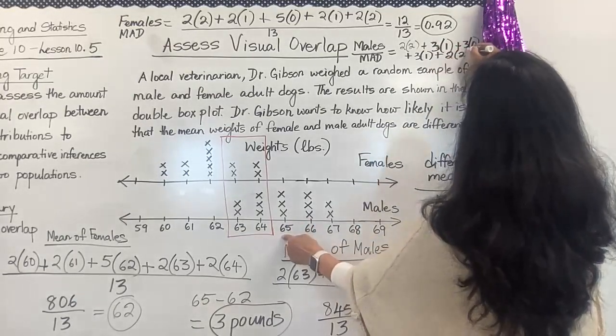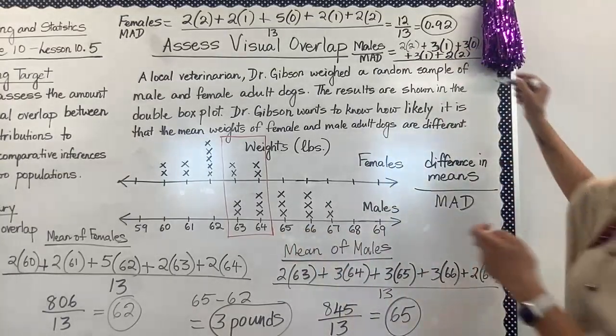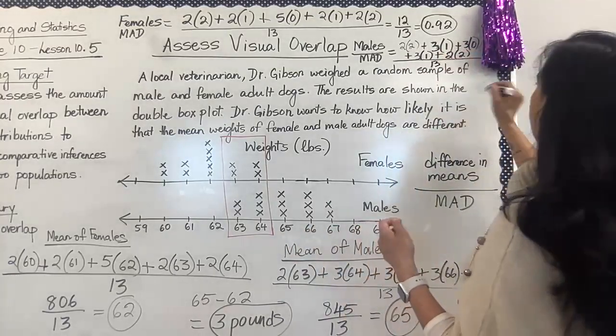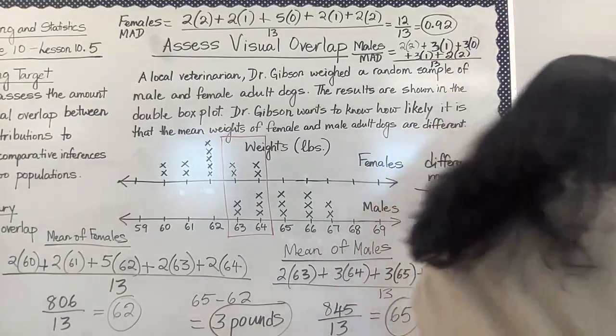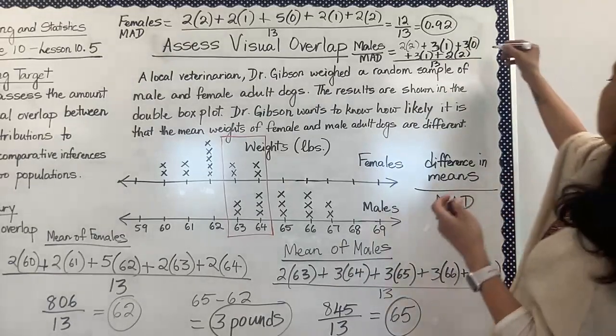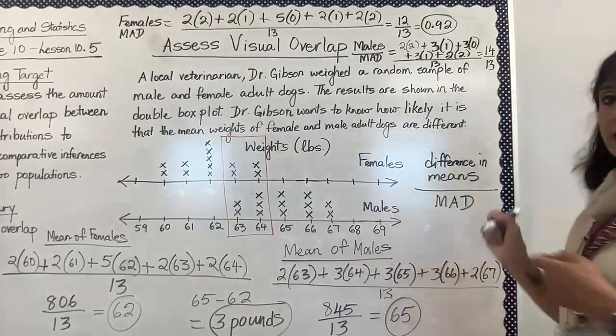And then we divide this whole thing by 13, as there are 13 data pieces. When I do the calculation, I get 14 over 13.